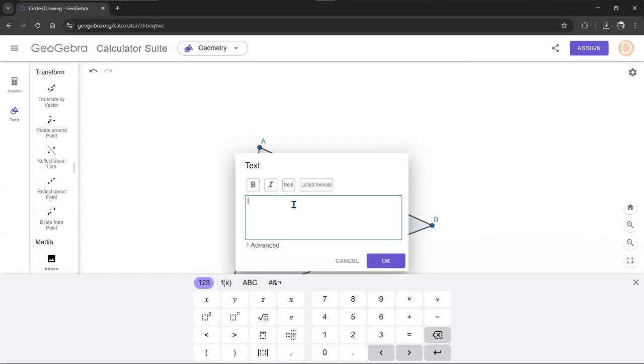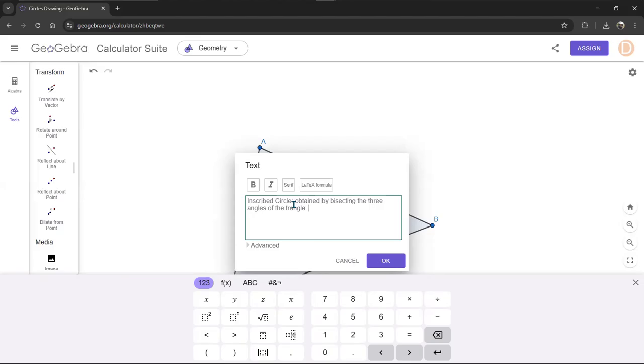The inscribed circle, you can see that this is obtained by bisecting the three angles of the triangle.